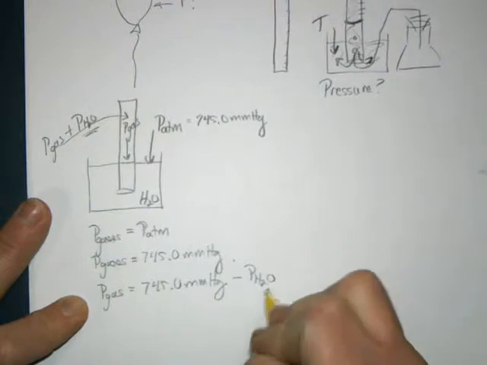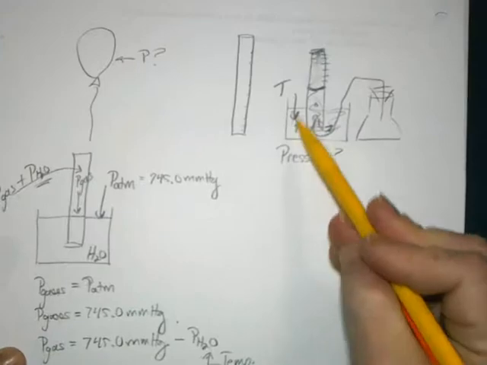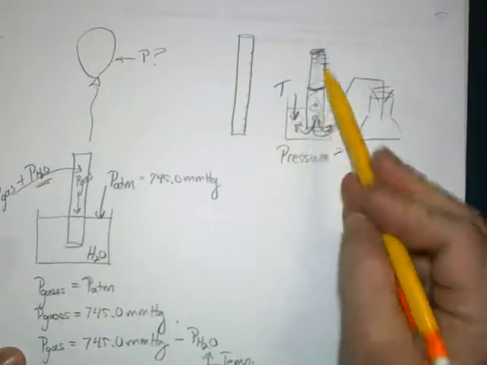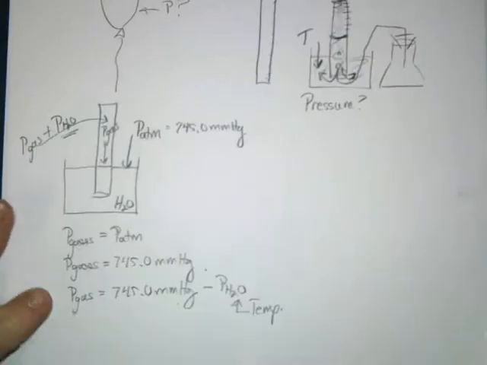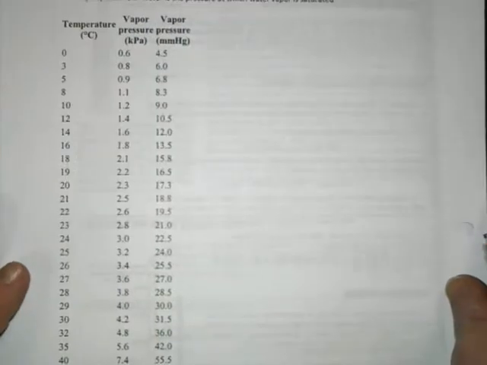So how do we know what the partial pressure of water is? It is based upon the temperature. That's why I suggest taking the temperature of the water here, because that will dictate the amount of water vapor that we have. That can be found within a table. These are easily accessible.